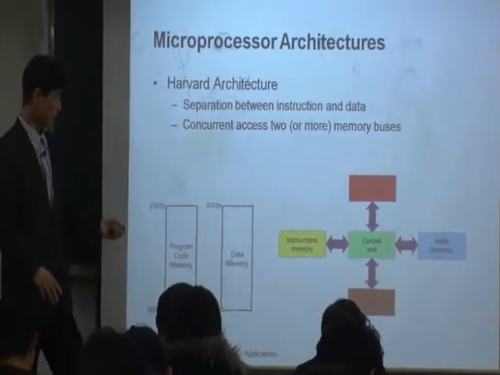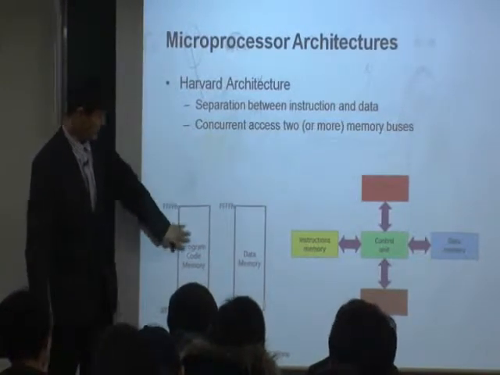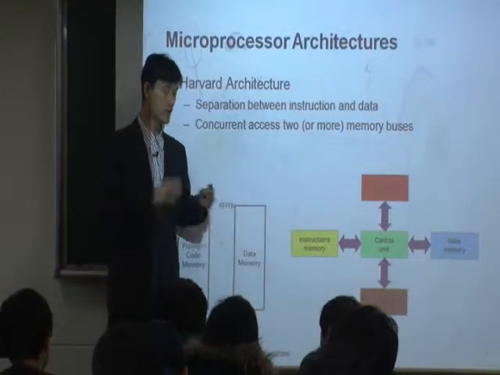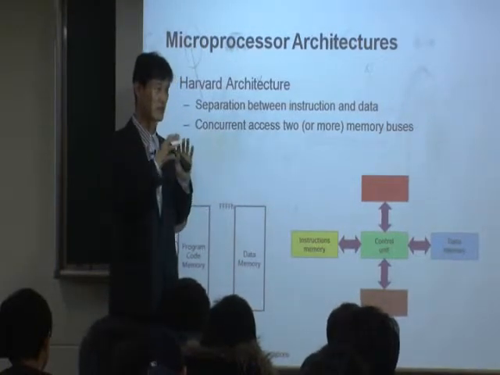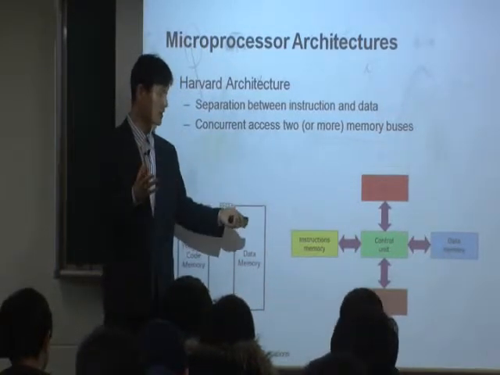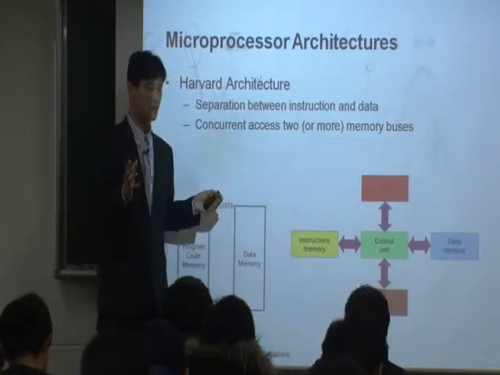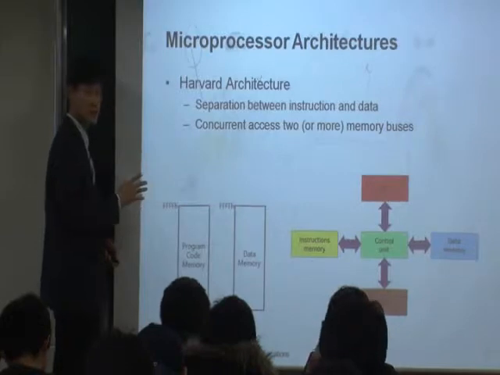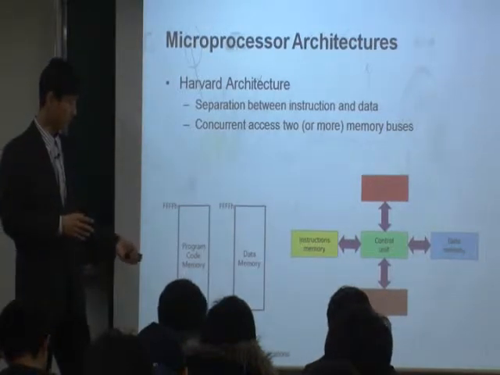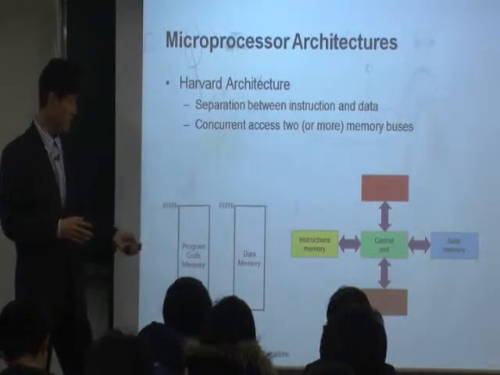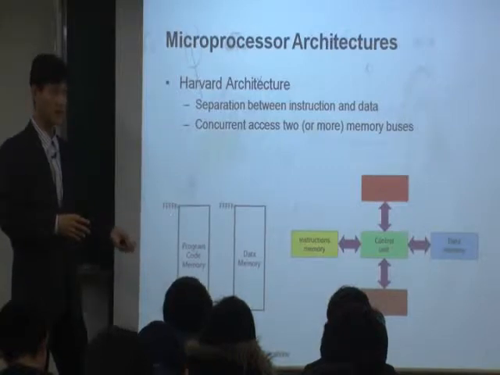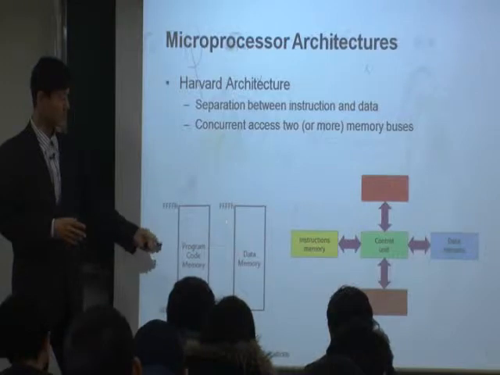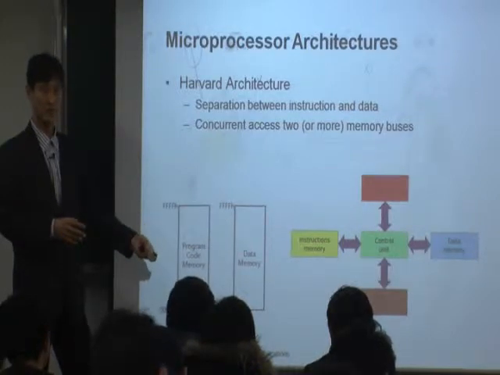As you see here, we have a program memory and a data memory. We have two physically separate memories and two different buses. Each memory has its own address space. This is the code memory, which has its own address space of 64K, and the data memory has its own address space of 64K.